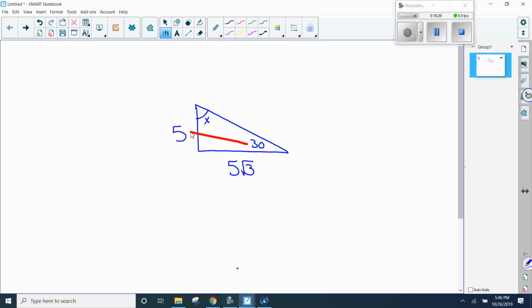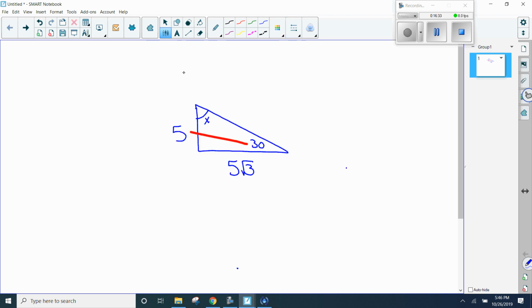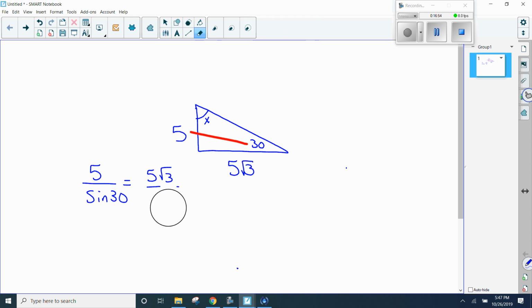So if you look at that, what you're going to get is your pair. You're going to have 5 over the sine of 30 degrees is equal to 5 radical 3 over the sine of x, not just x.